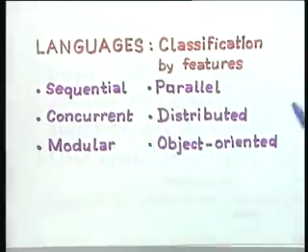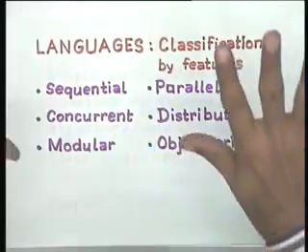In the case of concurrent languages, you take the notion of a process to be a loose entity, completely different from, and it does not necessarily have to be mapped onto the existing processors. The notion of a process gets delinked from the notion of a processor.